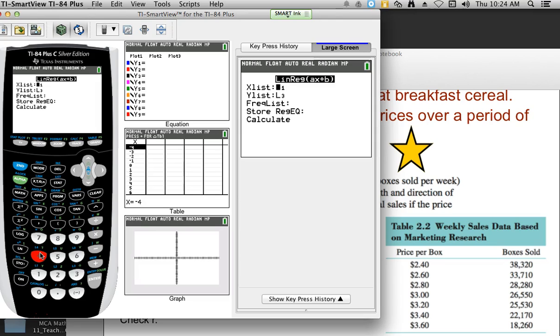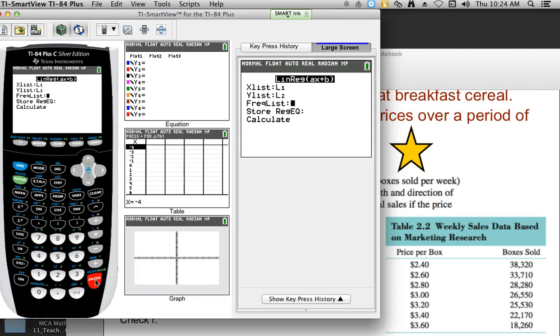You're going to have to hit second, number 1, because that makes list 1 show up, comma, and that's right above the 7, second, list 2, comma, and then hang in there a minute because I'm going to show you how to get this stored into the y equals. But for the rest of us, we're going to make sure that this says list 1, enter, and that this one says list 2. Again, you hit the second button and then go from there.